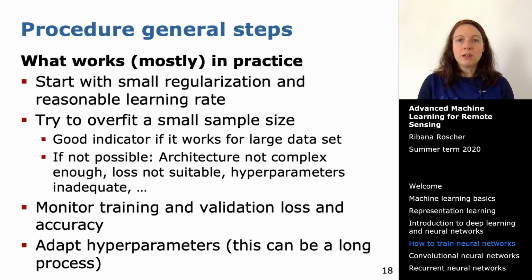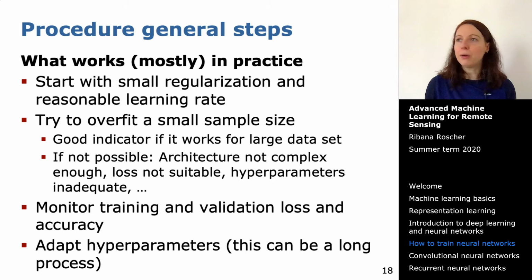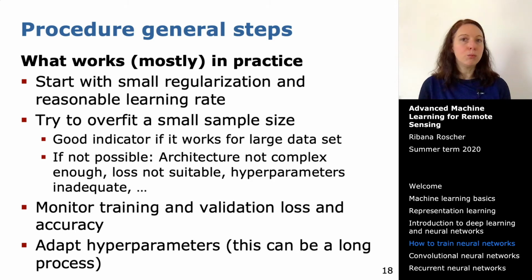So what works mostly in practice? Start with a reasonable learning rate. A reasonable learning rate is around 0.1 or 0.01, in case you normalize your data in a range between 0 and 1 or -1 and 1, or around this. Of course, if your data is normalized in a different way, you also need to choose a different learning rate, because then your gradients will also change in scale.